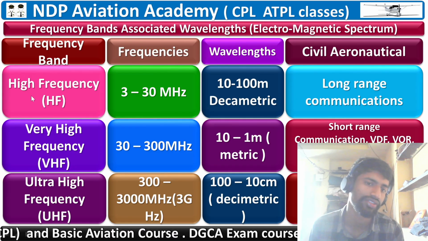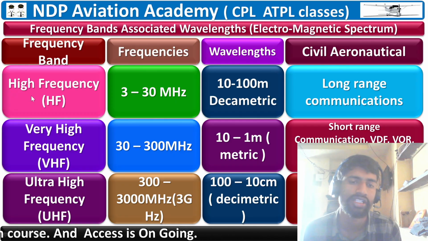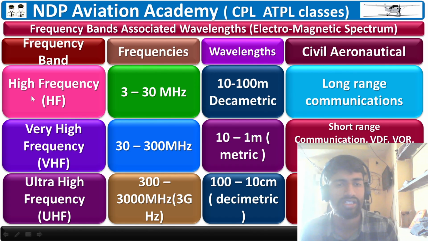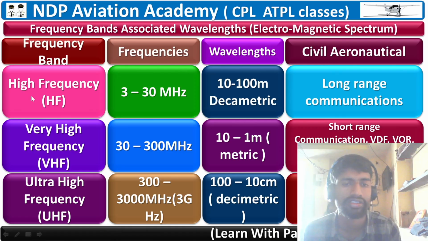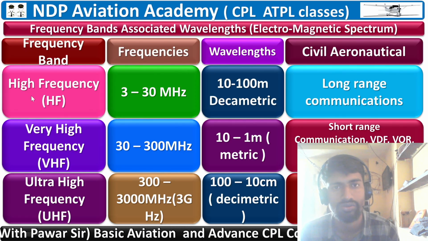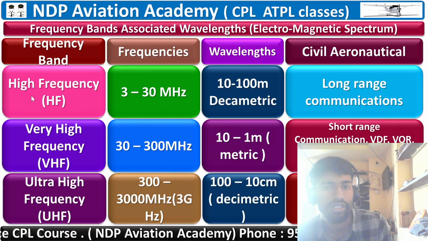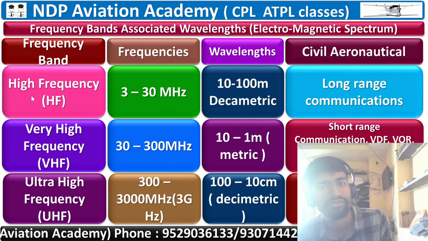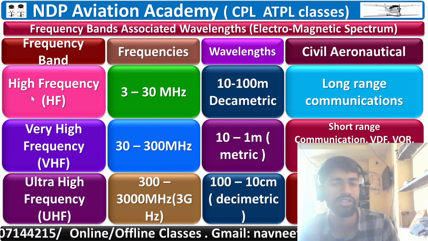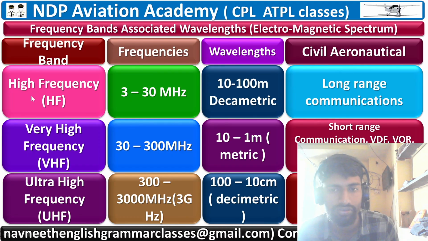I repeat, UHF, ultra high frequency, starts from 300 to 3000 megahertz, that's called 3 gigahertz. How much wavelength? 100 to 10 centimeter, decimetric wavelengths.